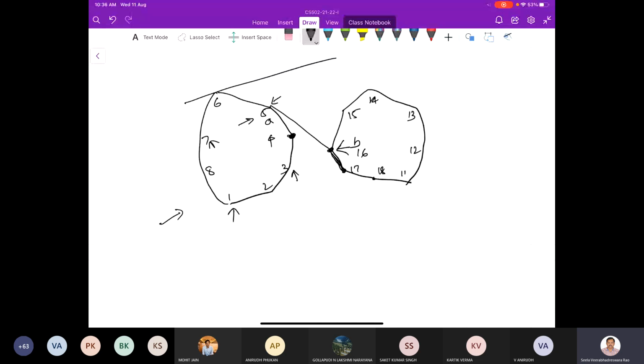Then we check whether AB is an upper tangent to the right hull, the right convex polygon, or not. Same thing: the previous one, that is 15, and the next one, 17, should be on the same side. This is not happening here, so it can't be an upper tangent. So we move to the previous one, and take this as the next one.